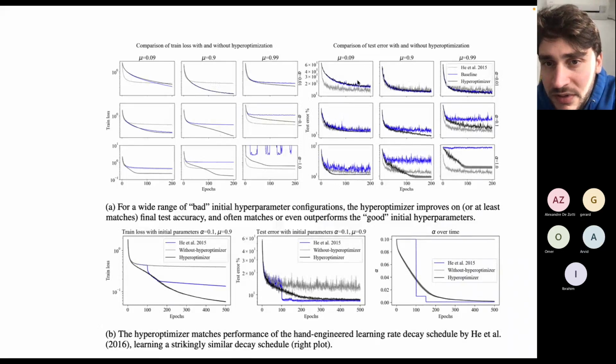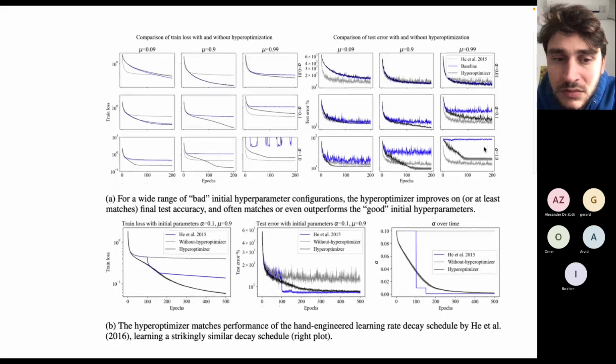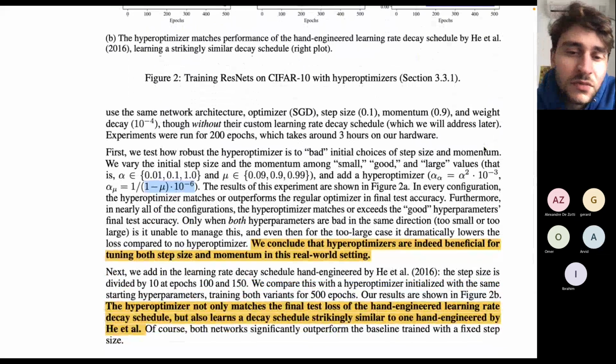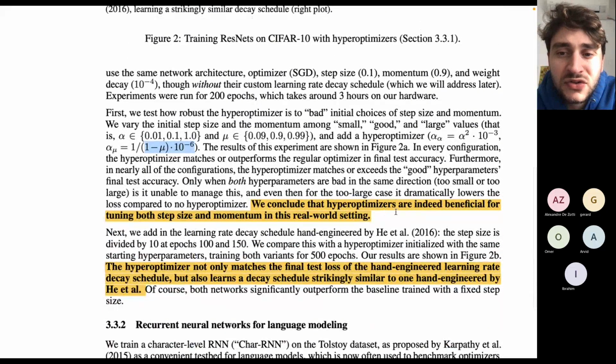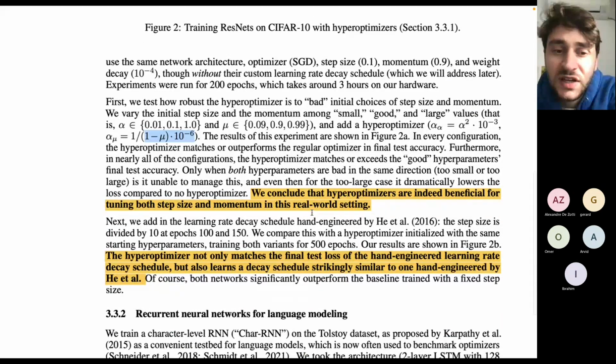But the more important thing is probably test error. And there the black line is the hyper-optimized versions, and they usually outperform the non-hyper-optimized. So we conclude that hyper-optimizers are indeed beneficial for tuning both step size and momentum in this real world setting of a CNN.